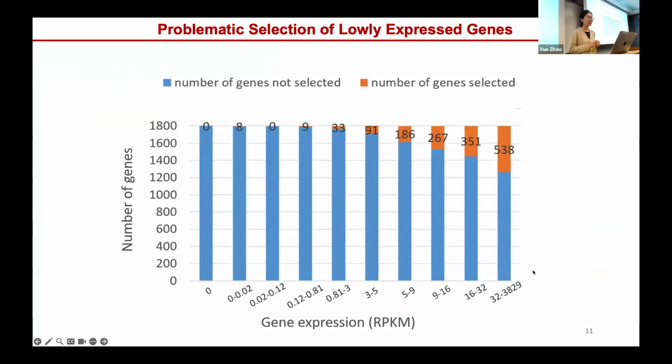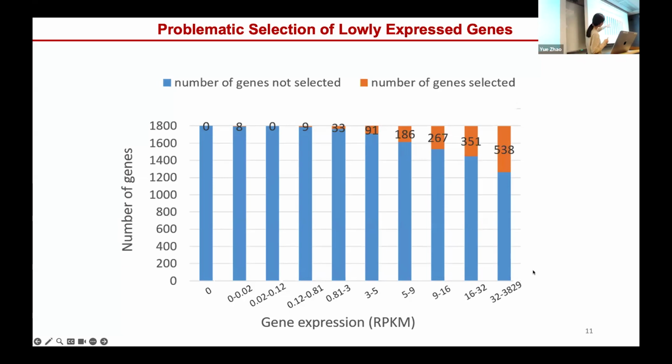And then in another study, we ran this MAGeCK MLE method on a breast cancer cell line, the MDA-MB-231 breast cancer cell line. And we found a very interesting observation that the identified genes were enriched in highly expressed genes. We can see here the x-axis is the gene expression, the y-axis is the number of genes.